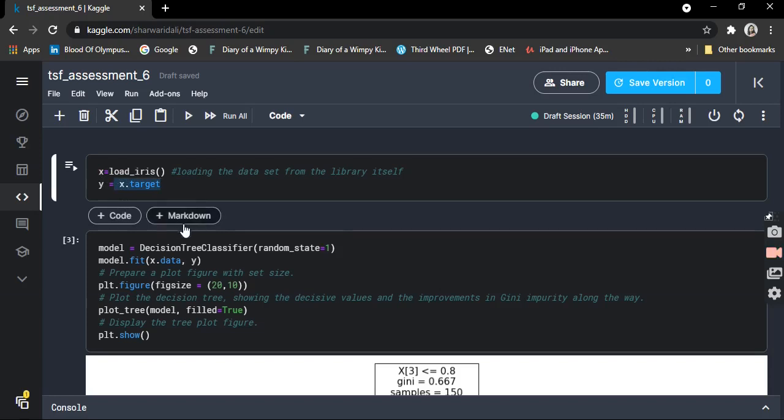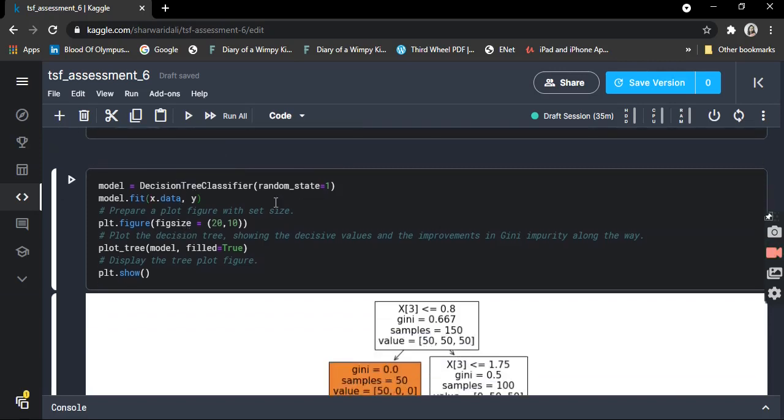Then we form the model, where model is equal to DecisionTreeClassifier, and we fit the model using x.data, which is the feature set, and y, that is the x.target set.